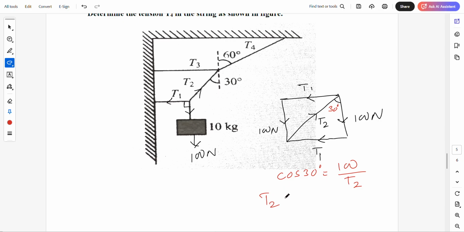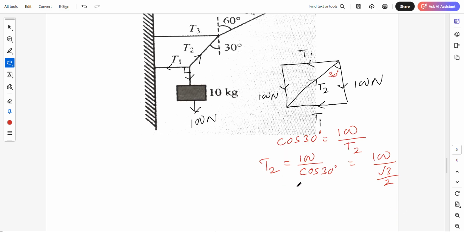Therefore, T2 is equal to what? 100 by cos of 30 degree. That is equal to 100 divided by cos of 30, which is root 3 by 2. That is equal to 200 by root 3. Okay. T2 is equal to how much? 200 by root 3 newtons.